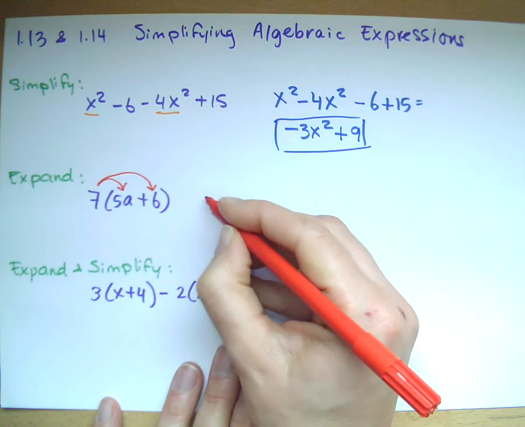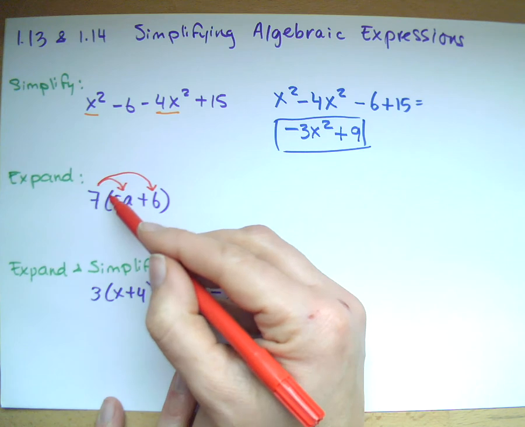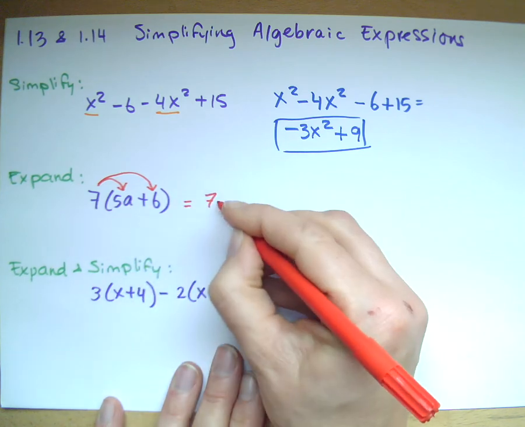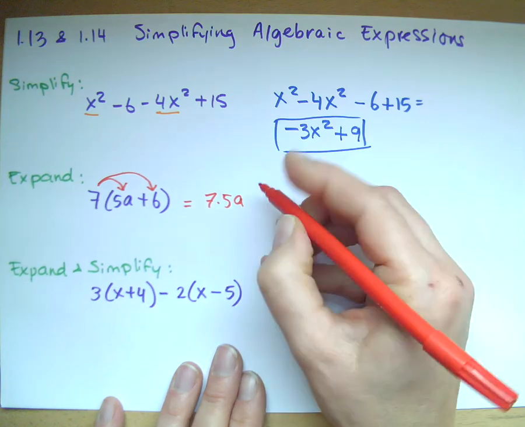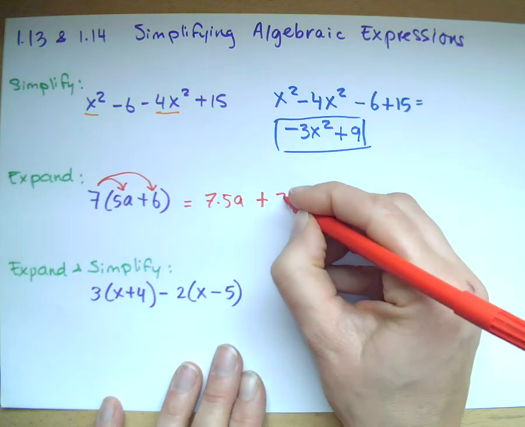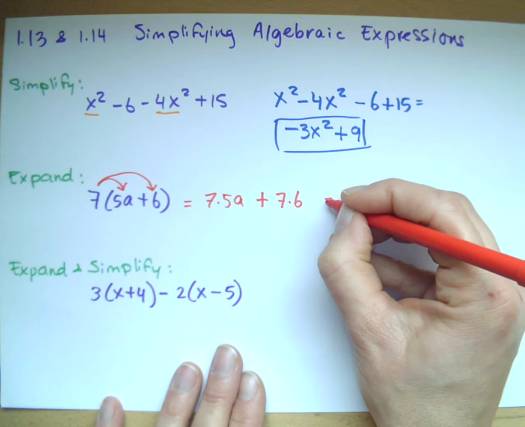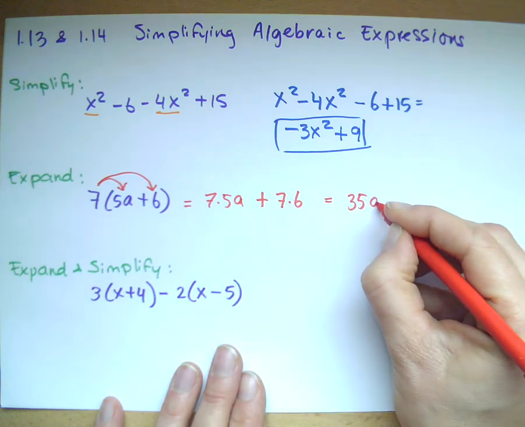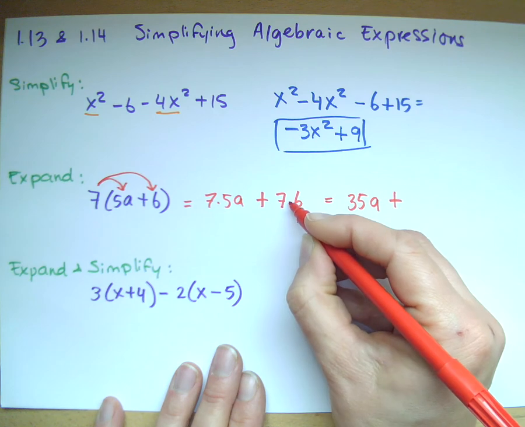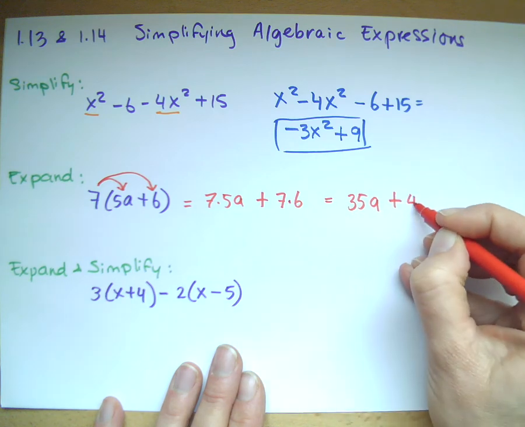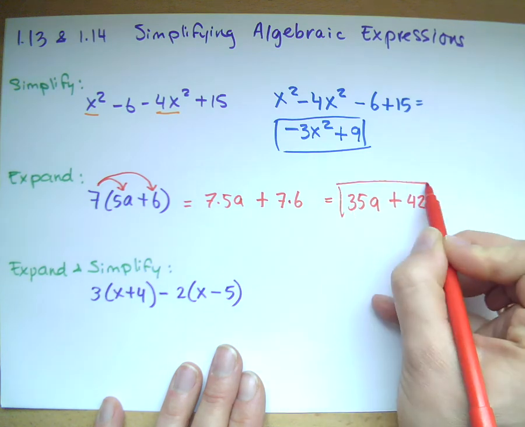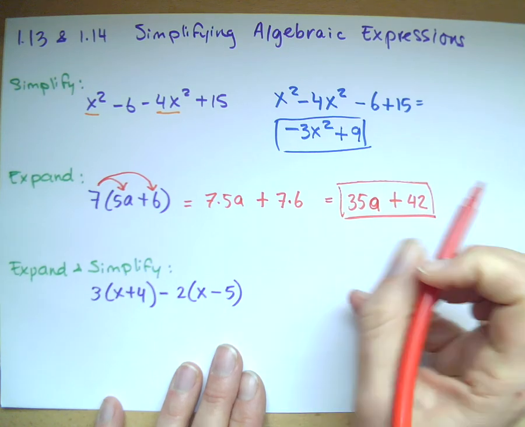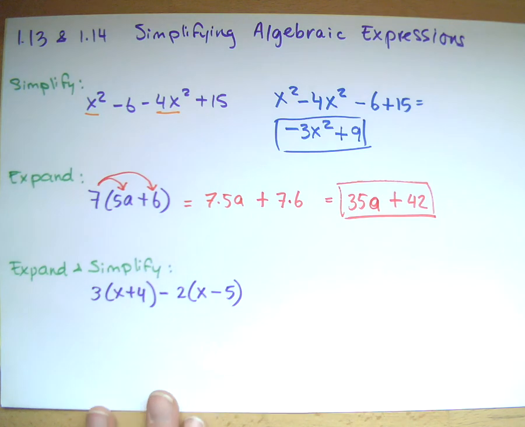So expansion is just getting rid of the parentheses, right? 7 times 5a plus 7 times 6, which is 7 times 5a is 35a, plus 7 times 6 is 42. So this would be the expansion of this expression.